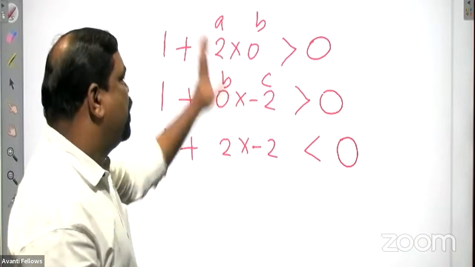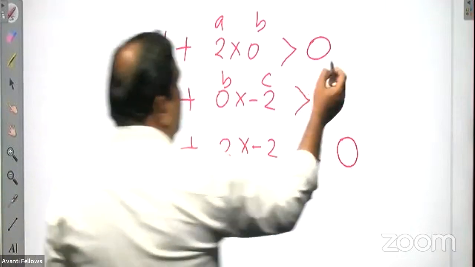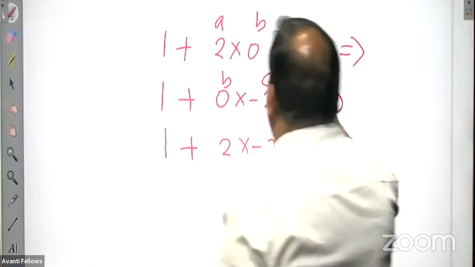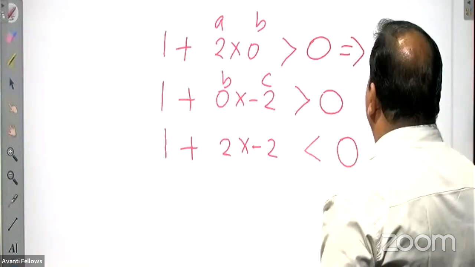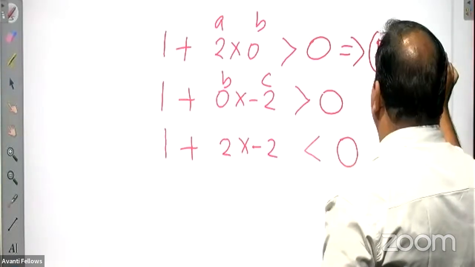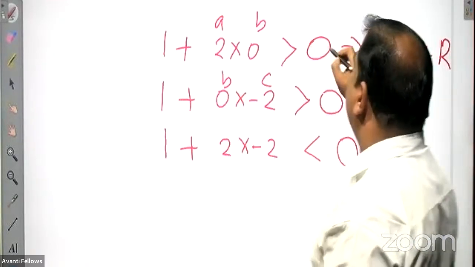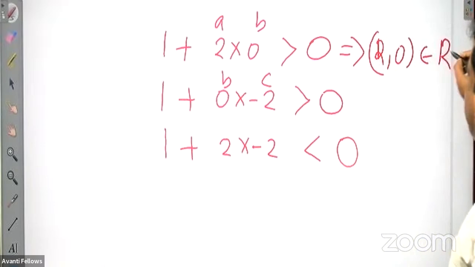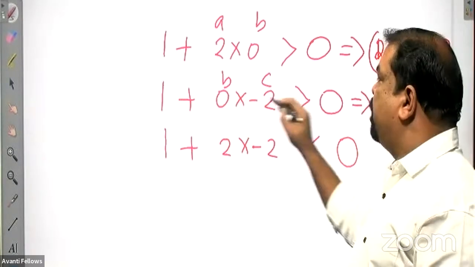You can find so many examples in this way. So it indicates that (2, 0) is in the relation, since 1 plus 2 into 0 is greater than 0. And the second condition, 1 plus 0 into minus 2.